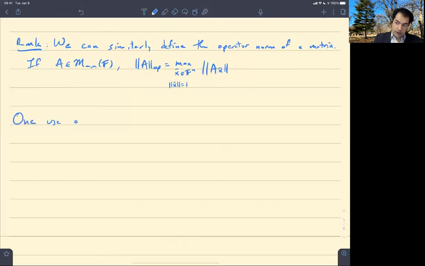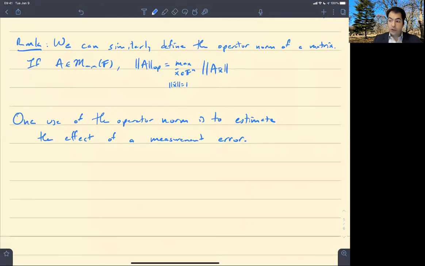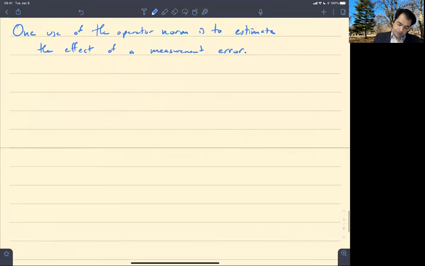One use of the operator norm, usually in this matrix form, is to estimate the effect of a measurement error. So assume that A is invertible.